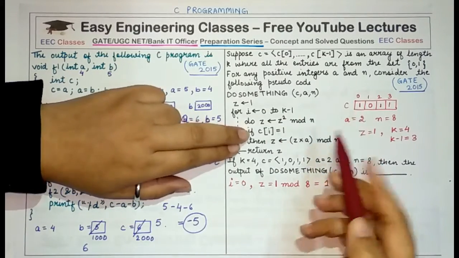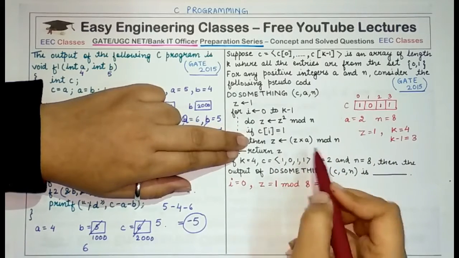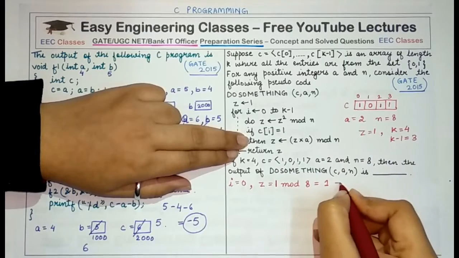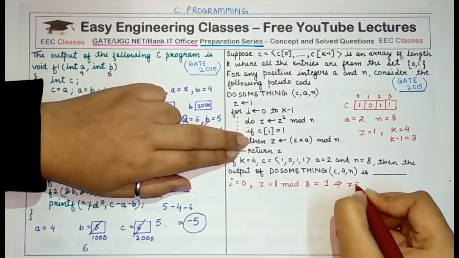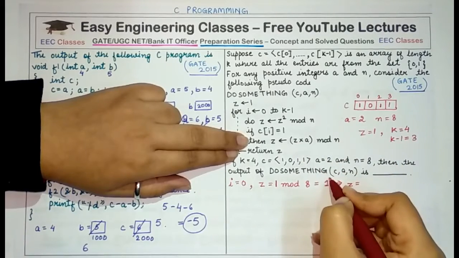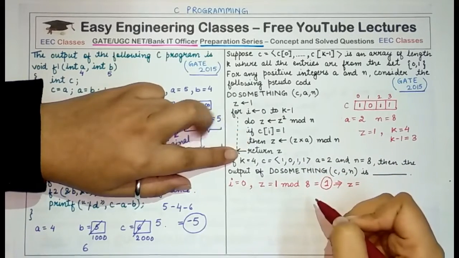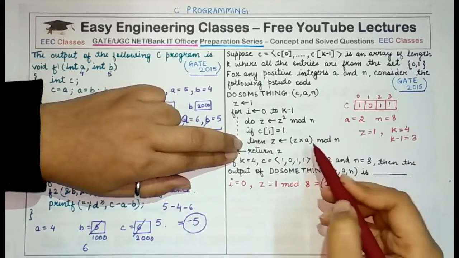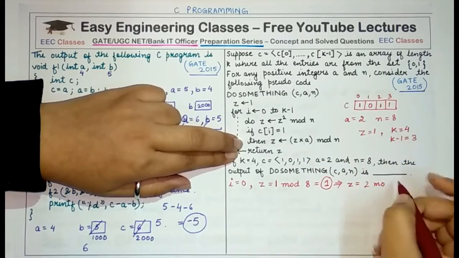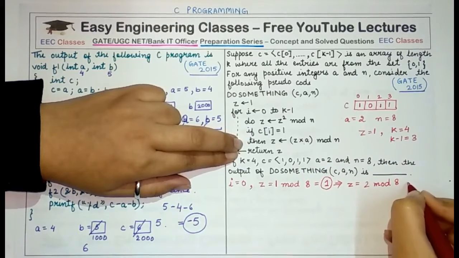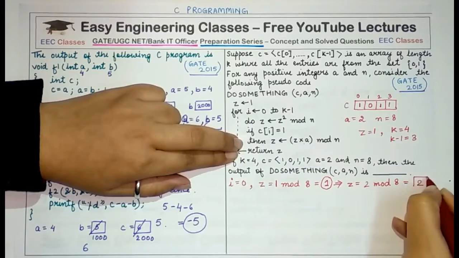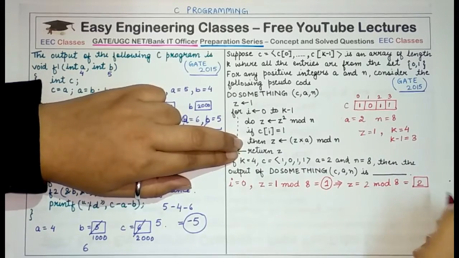This condition is true. Therefore, again, the value of Z is changed and becomes Z into A. A is 2. Z was initially 1 in this iteration, so 1 into 2 is 2. 2 mod N, N is 8. 2 mod 8 becomes 2. So the value of Z is 2 here.